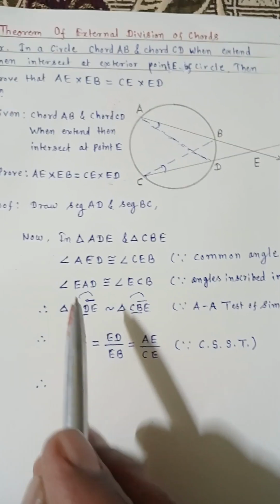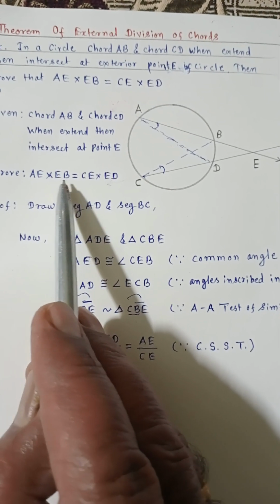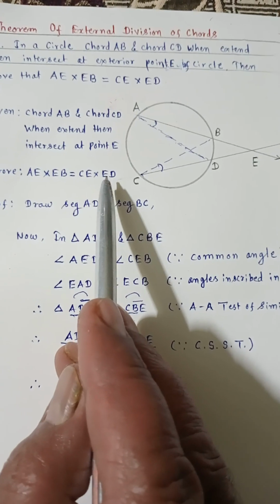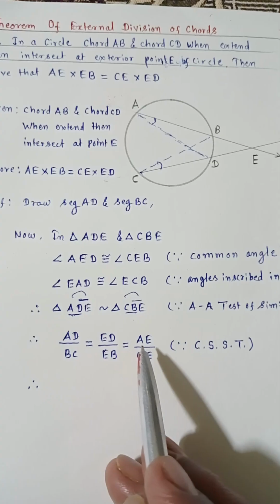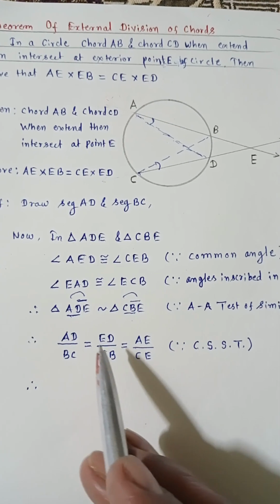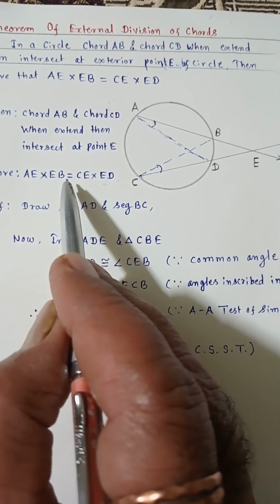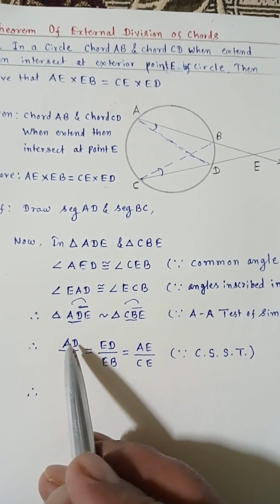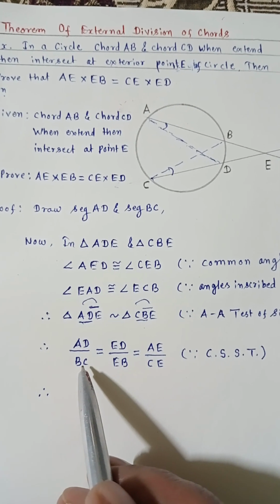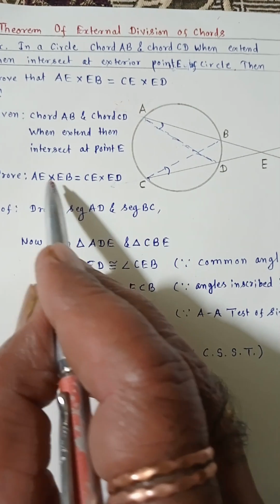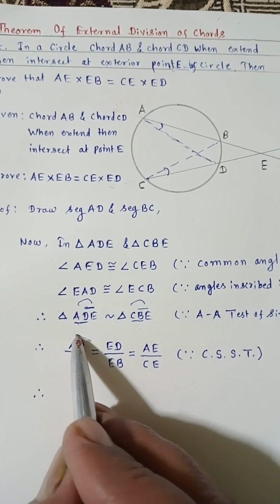Now we have to prove that AE into EB is equal to CE into ED. In this ratio of corresponding sides, AD is not asked in the question. BC is also not asked in the question. Therefore, this ratio is neglected.